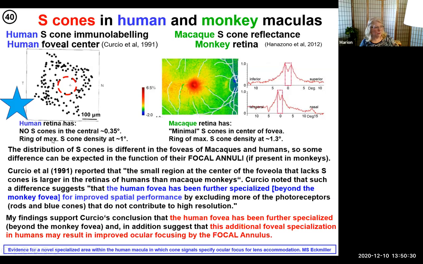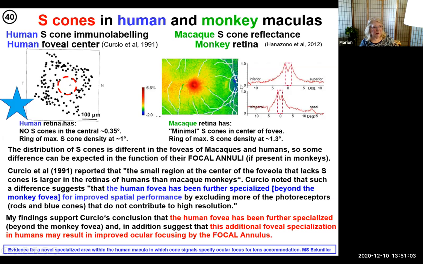S cones are present at a larger eccentricity than shown here, at 1 degree retinal eccentricity. Okay, interesting question. What about other primates? Work has been done on macaque retinas, and they developed a method to study S-cone reflectance from the monkey macula.